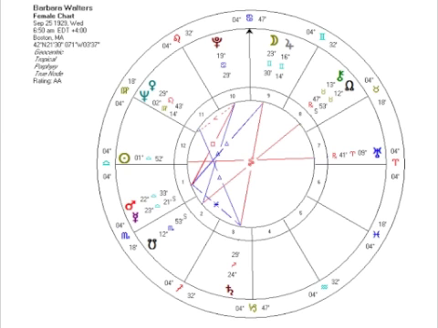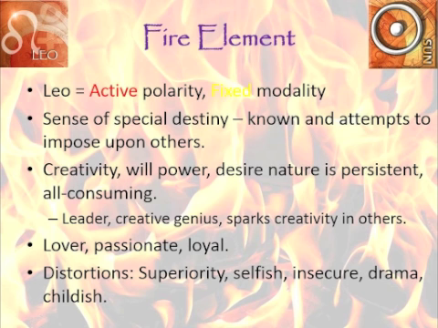All right. So as we did before, I have decided in these two series that I am going to use the charts of well-known personalities because it's easier for all of us to understand them as we've seen them out in the public eye many times. For the element of fire, I chose Barbara Walters, or what was it?